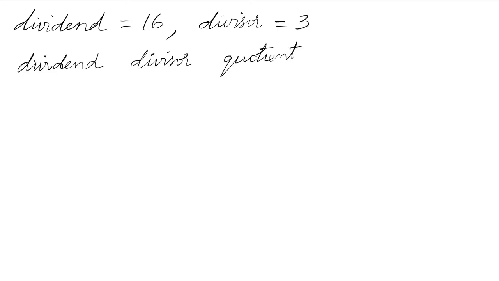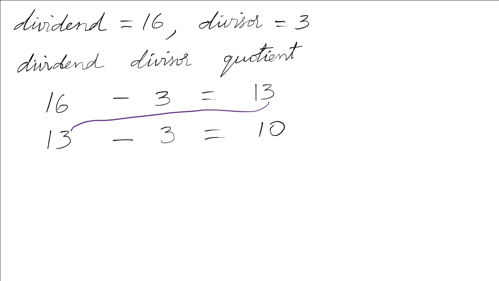Let's manually compute the modulo value for dividend 16 and divisor 3. We have 3 variables. The initial values are 16 and 3. When we subtract 3 from 16, we get 13. And when we subtract 3 from 13, we get 10. 13 is the new value here of the dividend.